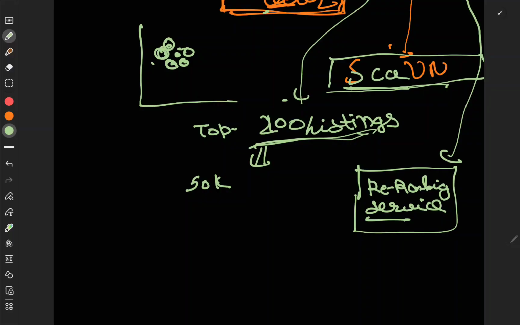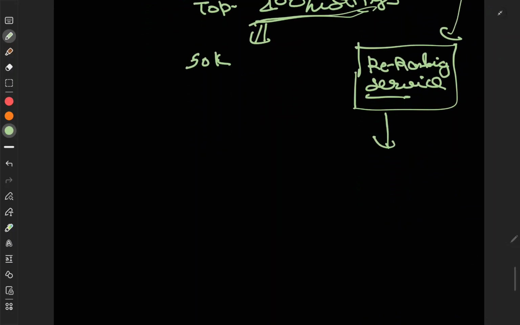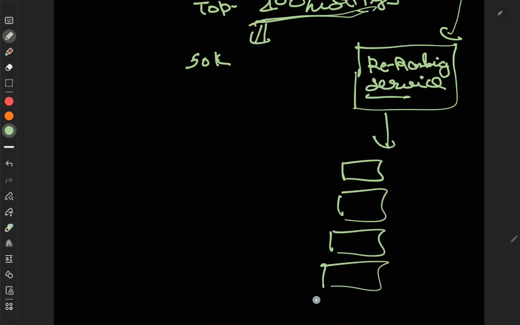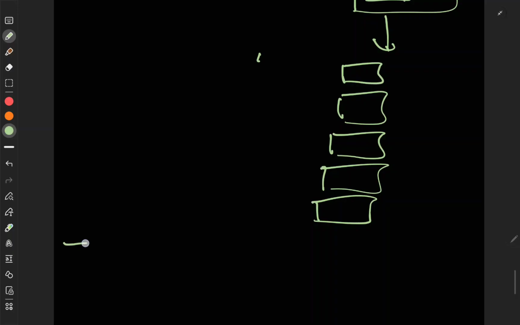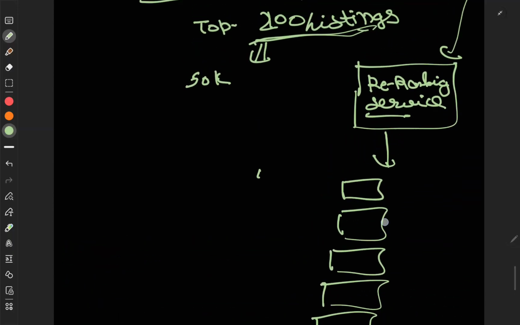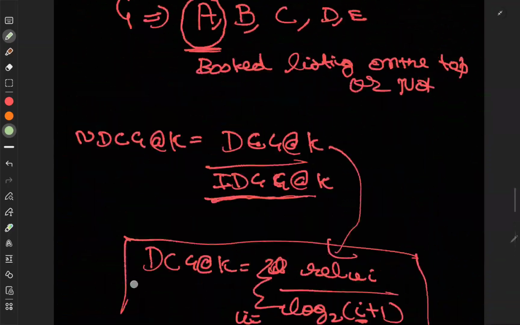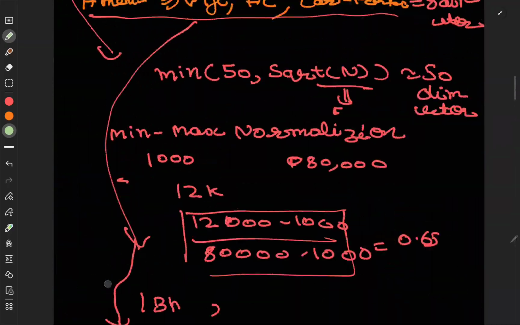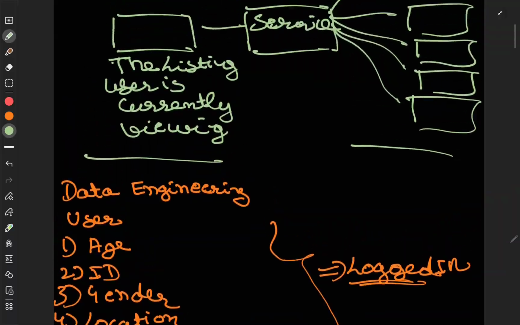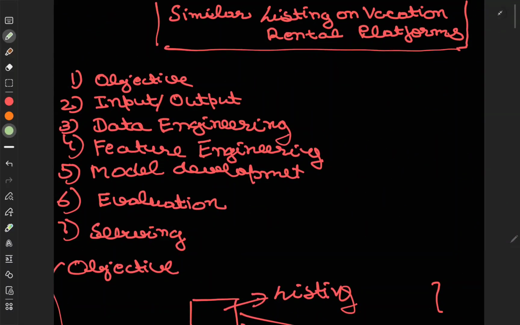So this is re-ranking service. Once this service is applied, then we have the left recommendations that we finally show to the user. So this is how the whole similar listing service for vacation platforms gets built. Thank you.